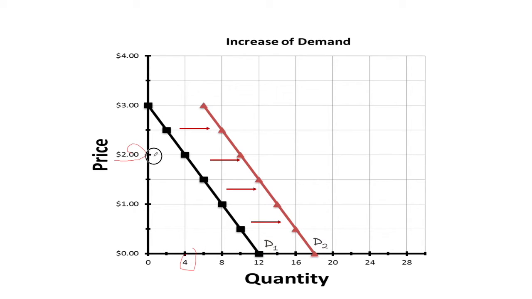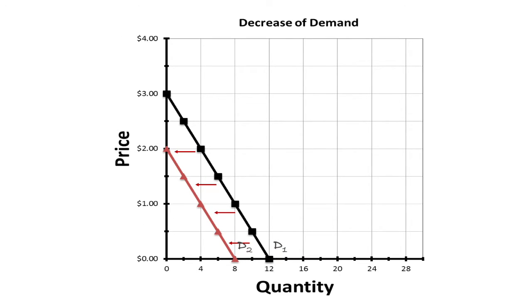But on D2, at a price of $2 still, we no longer demand 4 units, we're now demanding 10. Okay? So at every price point, at $2, more is demanded. At $1, more is demanded. At $0, more is demanded. At every price point, consumers want more of this good. That's an increase of demand. The entire curve is moving to the right.